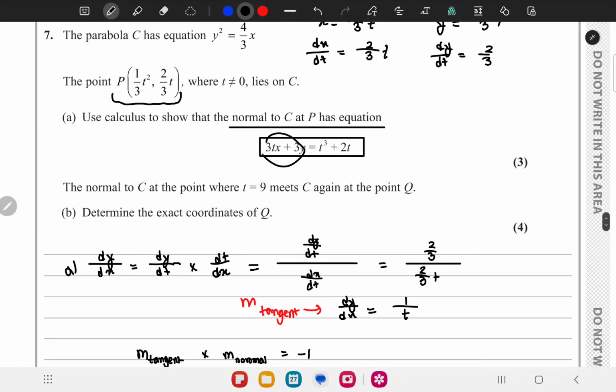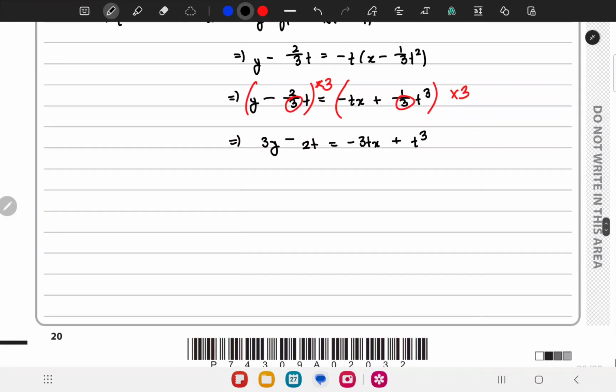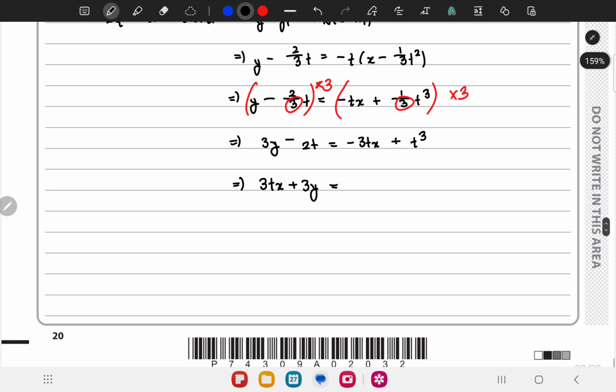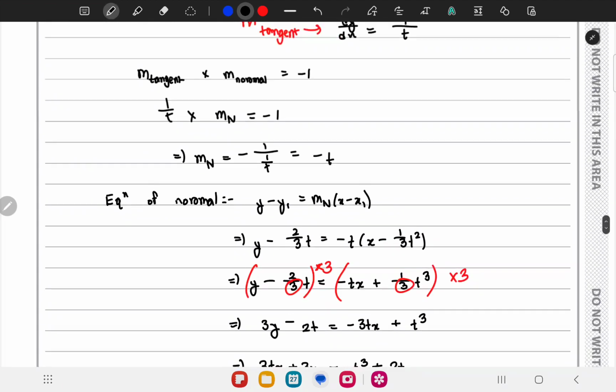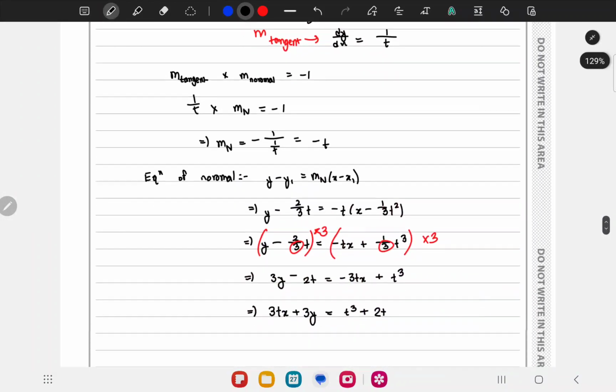We have y and x on the left and all the t's on the right in the show. So we'll take this minus 3tx to the left, so 3tx plus 3y, and we'll take this minus 2t to the right, so we'll have t cube plus 2t. This is what we had to show, and we're done with this.